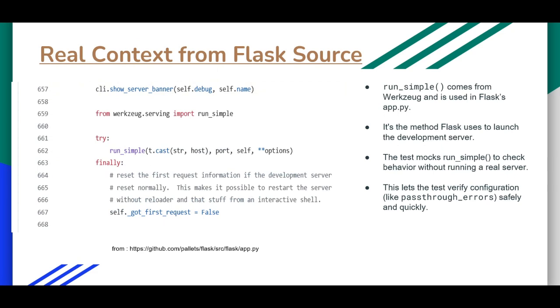To give more background, let's go to app.py. This run_simple function is imported from Werkzeug and called in Flask's own source code inside app.py. That's the method Flask uses to run its dev server. By mocking it, we're verifying that Flask behaves correctly without ever starting a real server.